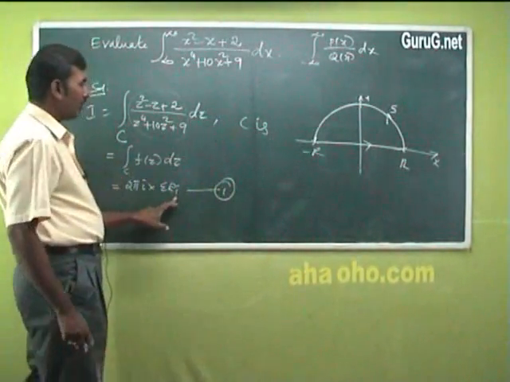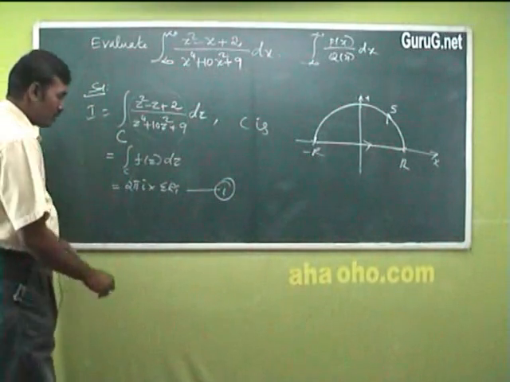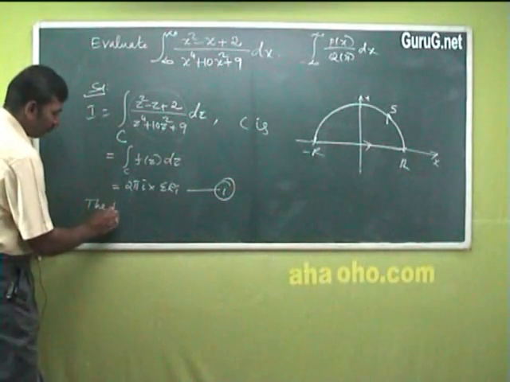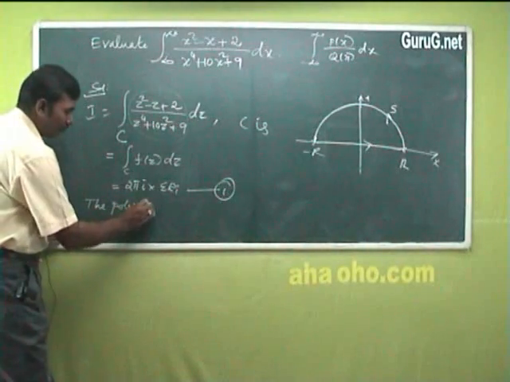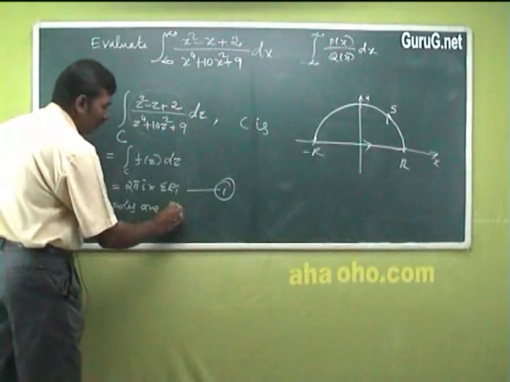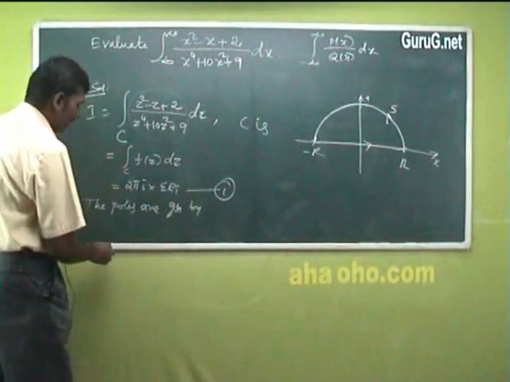To find the residues, we need poles, right? The poles are given by putting the denominator equal to 0.